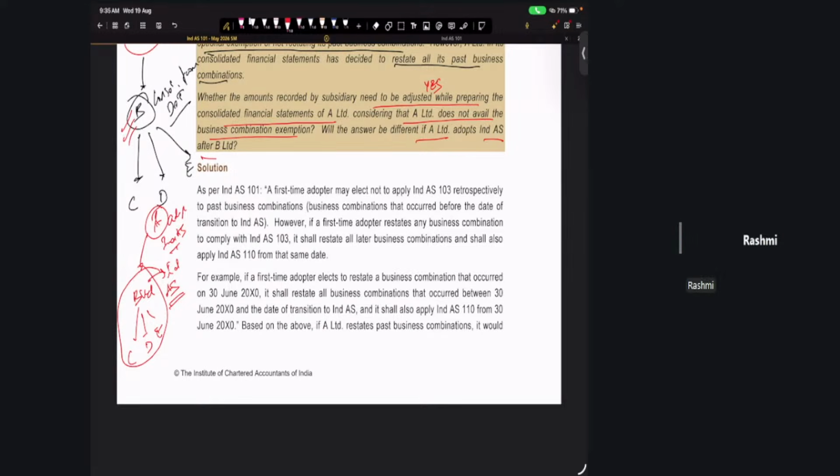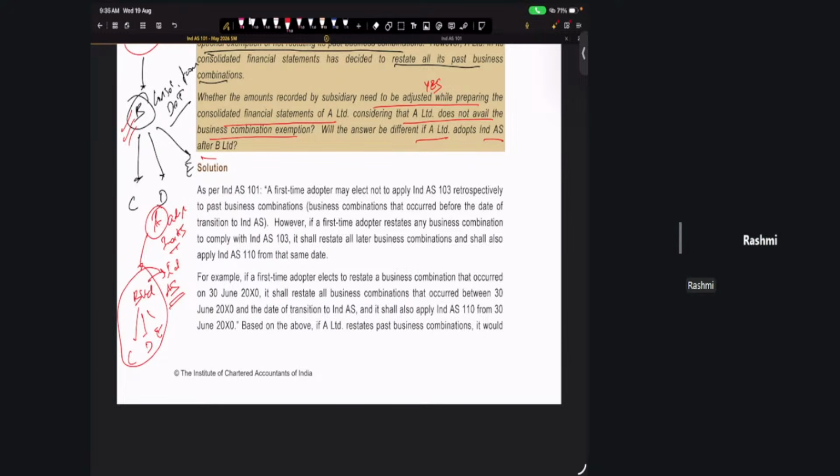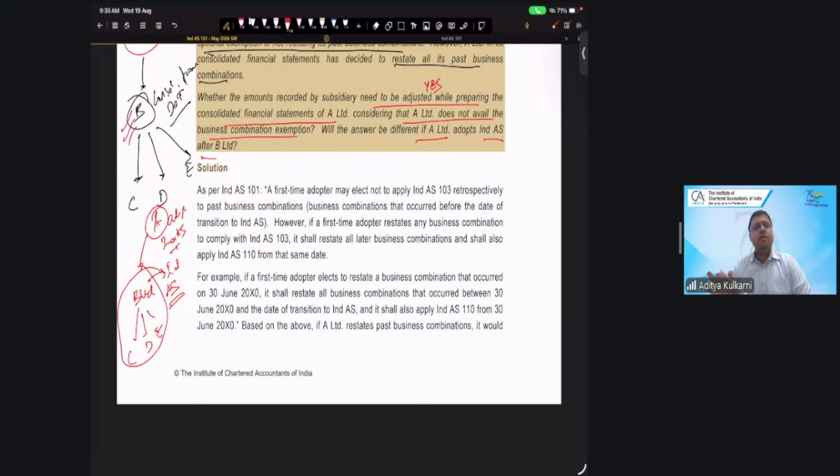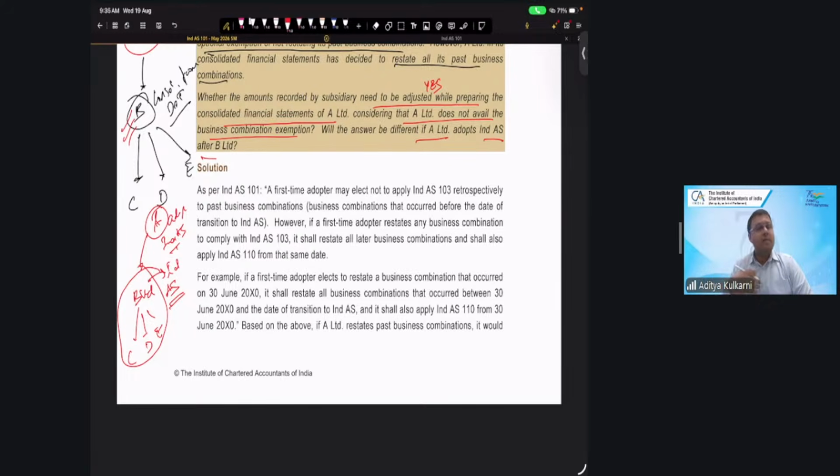So in this particular case, B Limited need not adjust its values, because here B Limited will say, you are not my biological mother and father. You have adopted me after I was born. If you have adopted me after I was born, I come with my own features and characteristics.